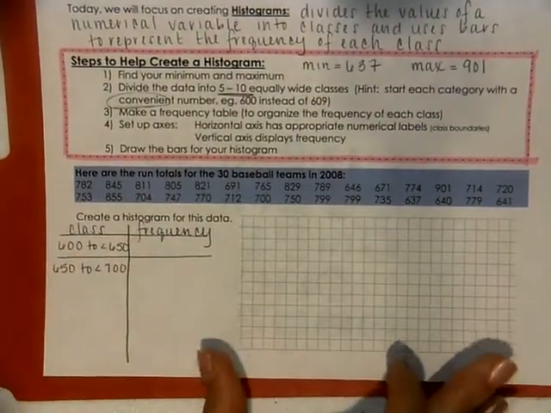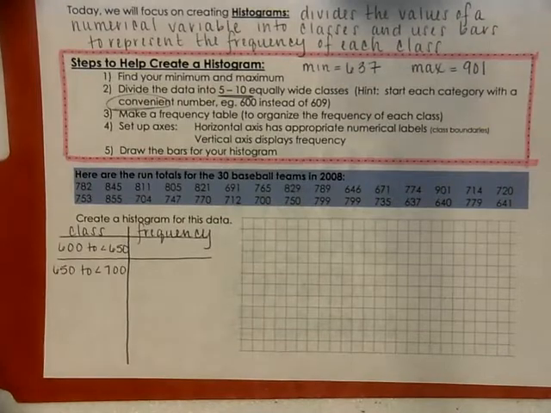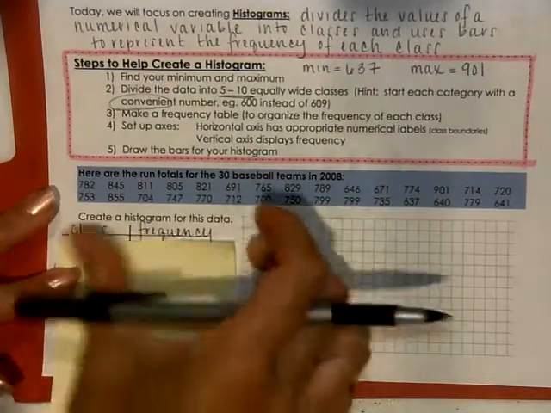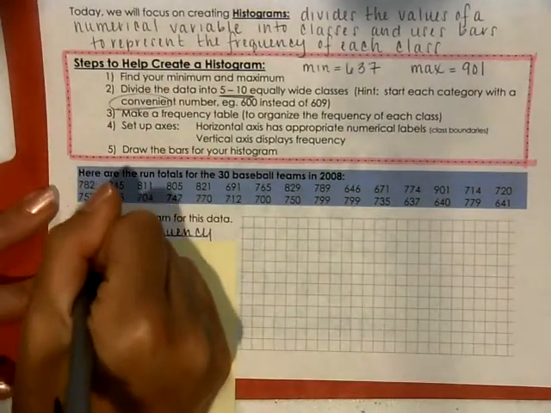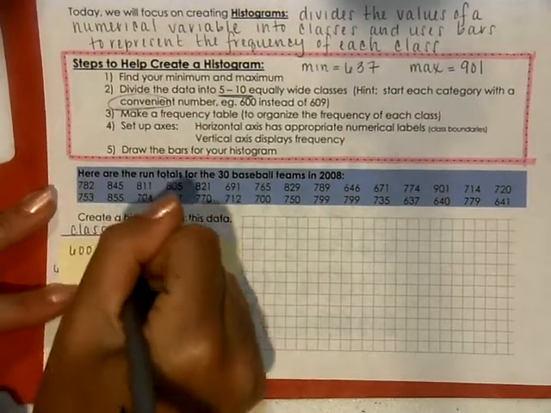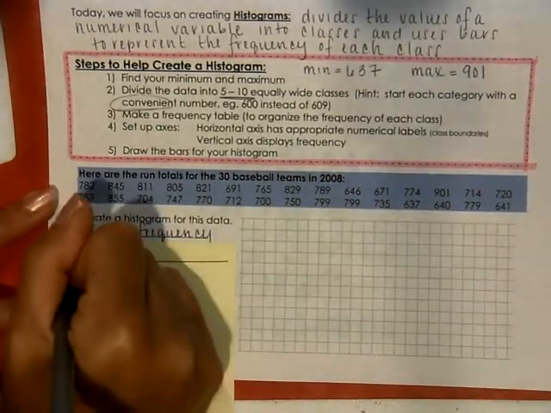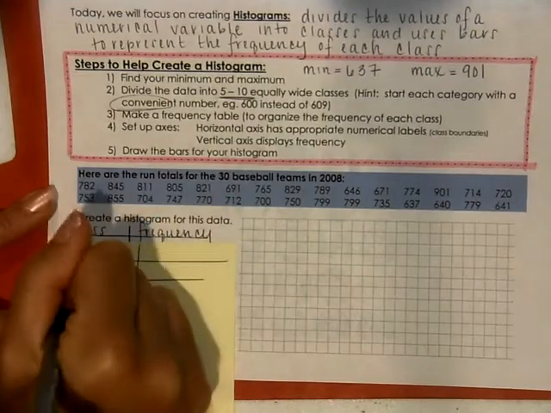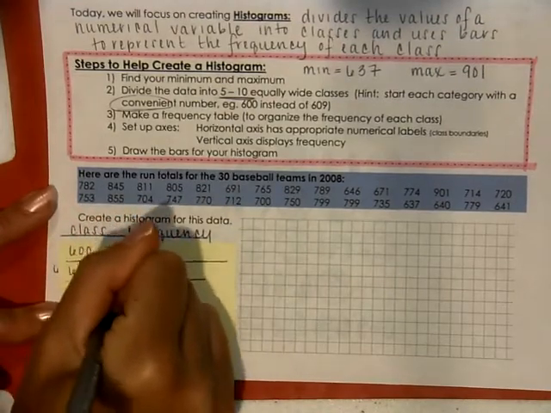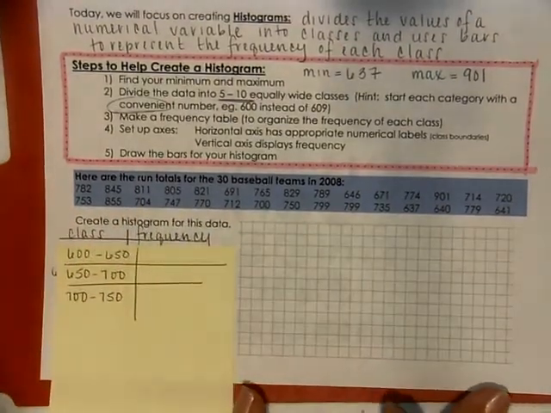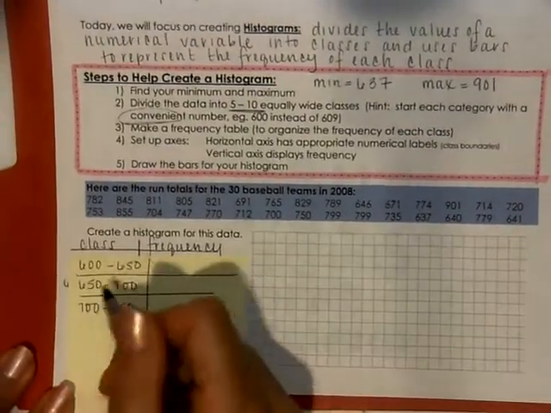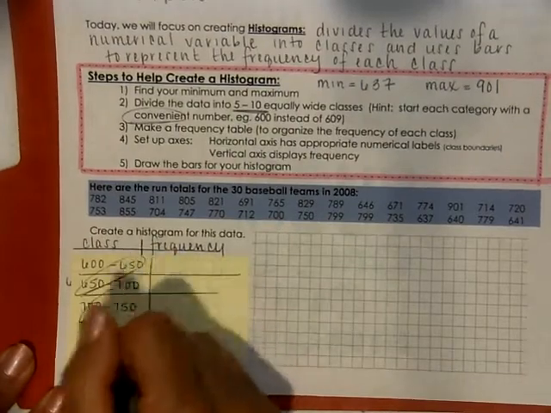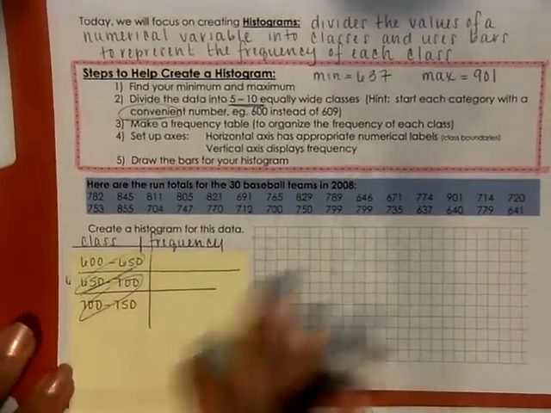And the reason why I do it this way, and not just 600 to 650, 650 to 700, 700 to 750, is because if I get the number 650, where do I put it? 650's in both of these. Or if I get the number 700, where do I put it?